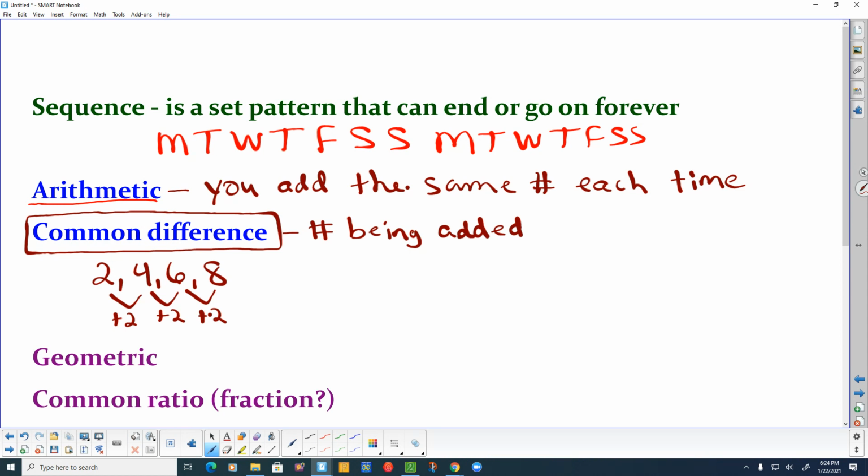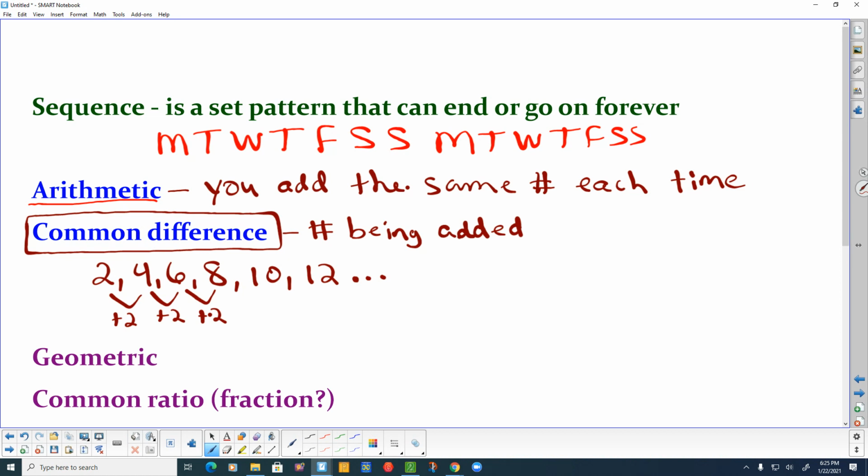If you're adding the same number over and over again, it is an arithmetic sequence, and you now know that the next one should be 10, then it goes 12, etc. The 3 dots, this is called an ellipsis. That means it goes on forever. Those 3 dots tell you that it continues. That's an arithmetic sequence.